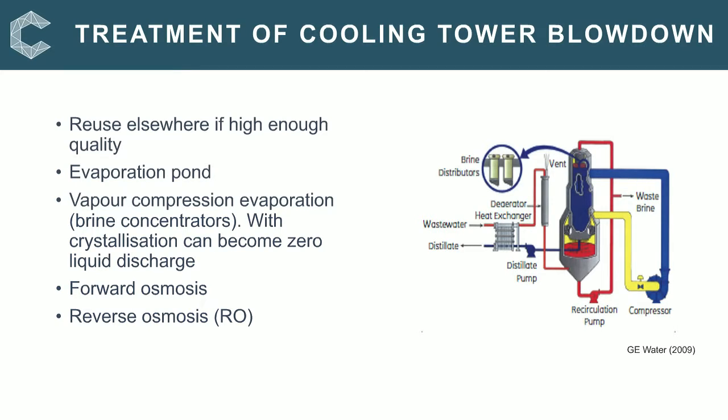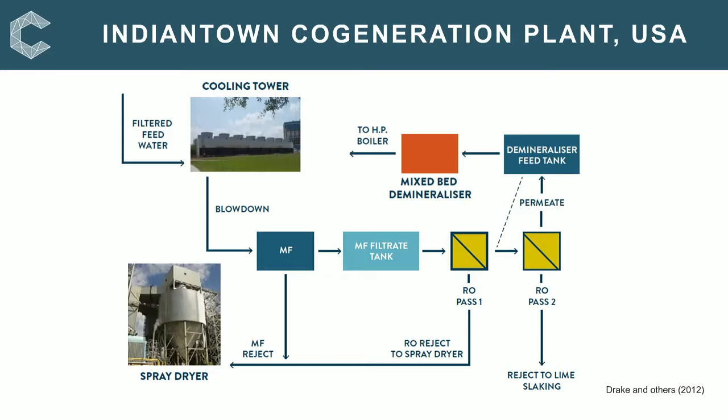Right, now one power plant that's using a reverse osmosis system to treat the cooling tower blowdown is the Indiantown coal-fired cogeneration plant in the USA. This power plant replaced its two brine concentrators with a two-pass reverse osmosis system.